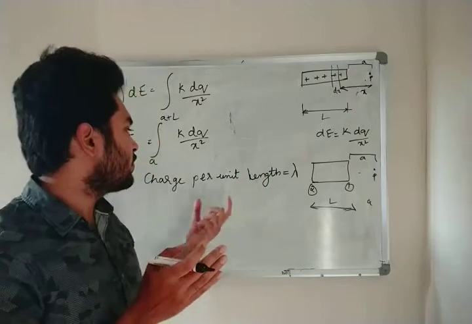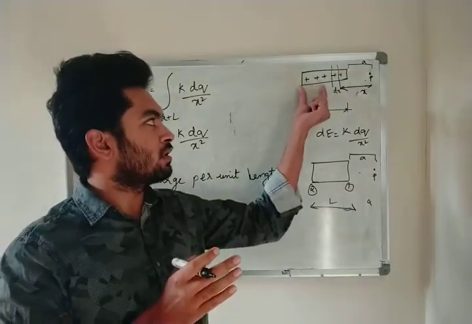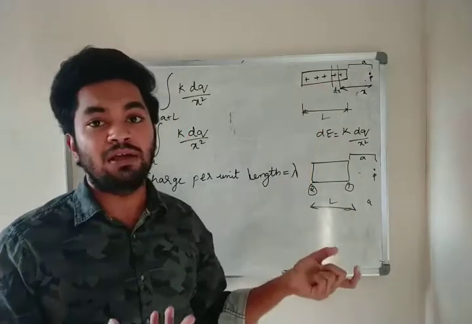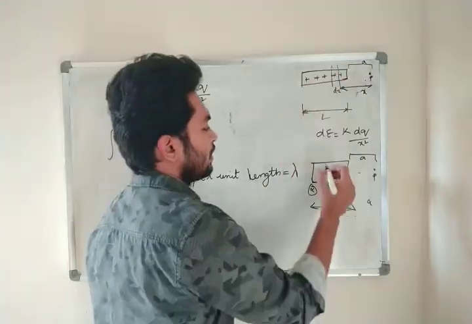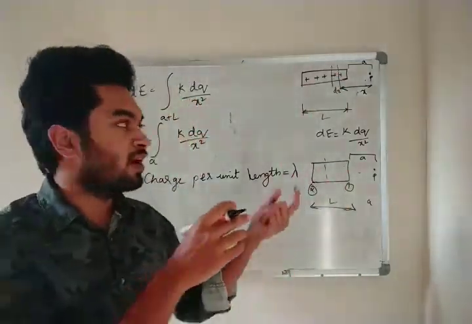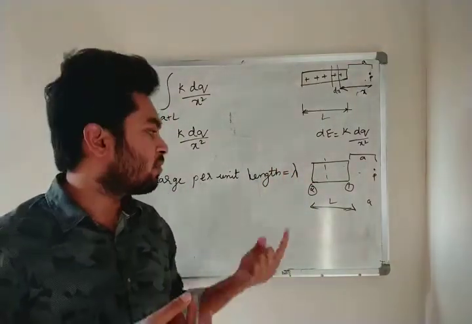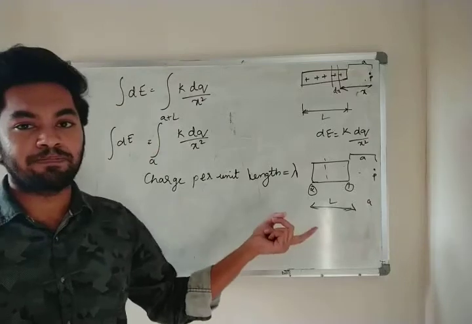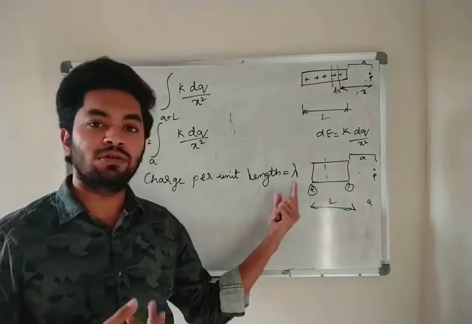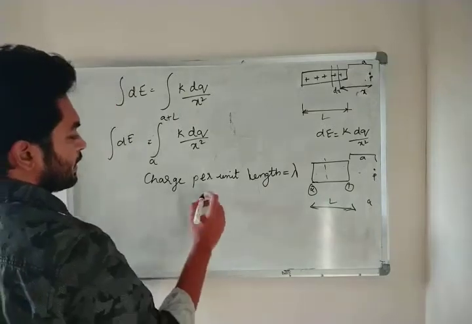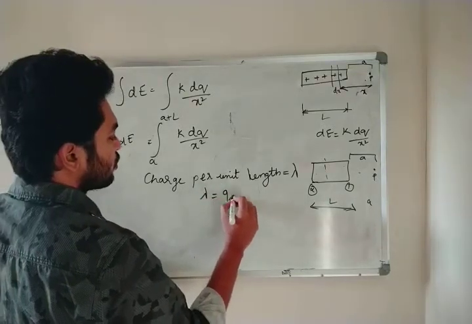Suppose there are 2 positive charges, so I write 2q, and if this is 1 centimeter, then 2q by 1 centimeter is called lambda. So charge per unit length, lambda, is equal to q by L.